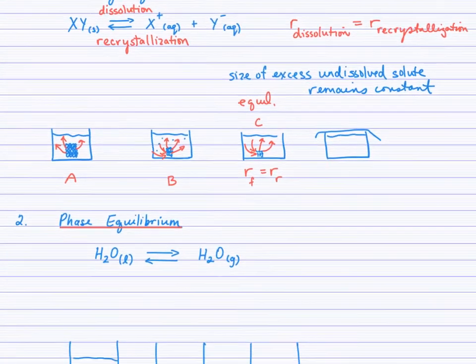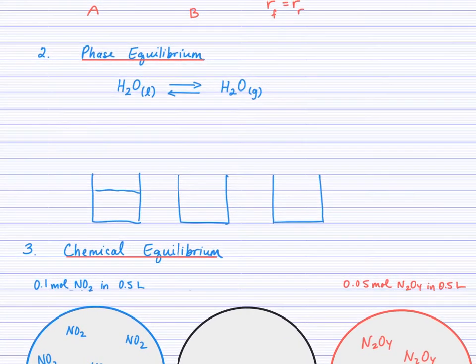So let's explore that phase equilibrium of liquid water forming water vapor. When liquid water forms the gas, we have evaporation, and when the gas reforms the liquid, we have condensation.